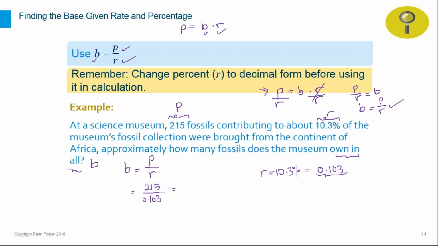And then the final answer would be 2,087.37. Since we're talking about fossils, I would round this number to say that approximately the museum owns 2,087 fossils.